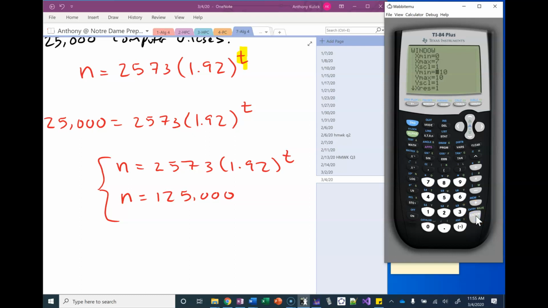The y variable is representing n, which was our future value. What's a good minimum value for the future value here? Well, I wouldn't do 125,000 as the minimum. I would do 2,573. Because over that 7 years, that's the least amount of computer viruses we're going to have.